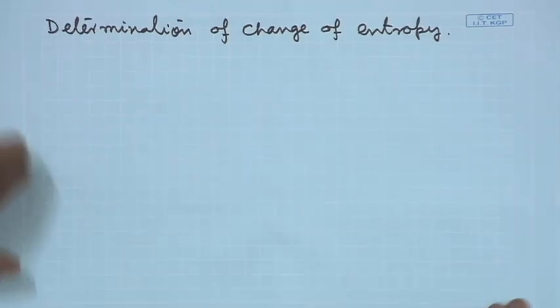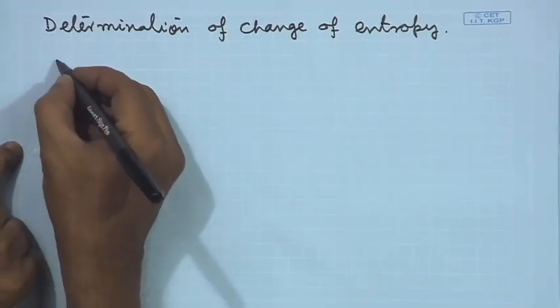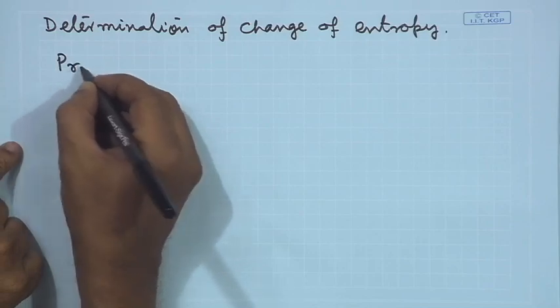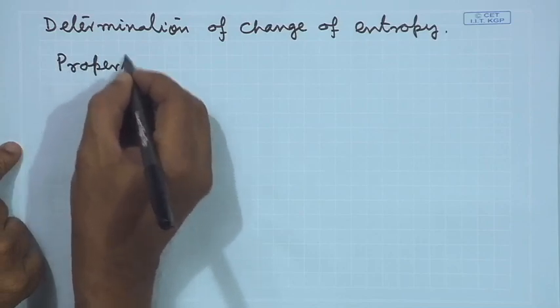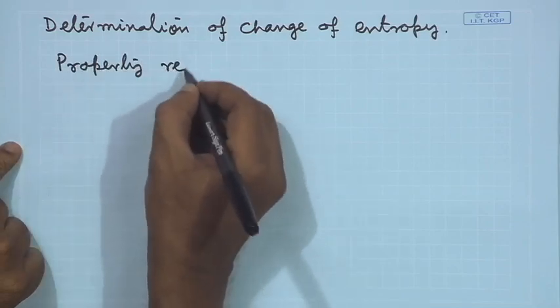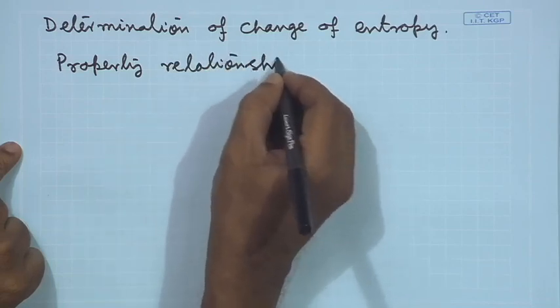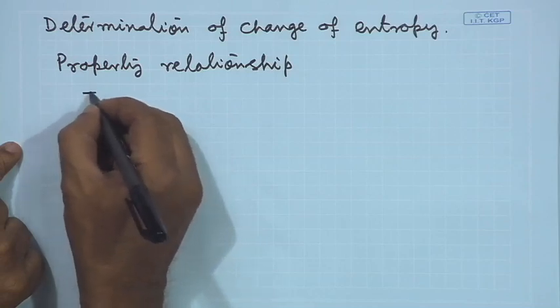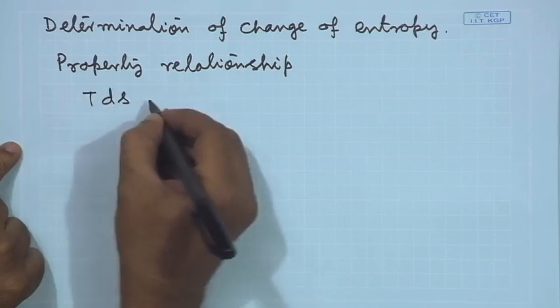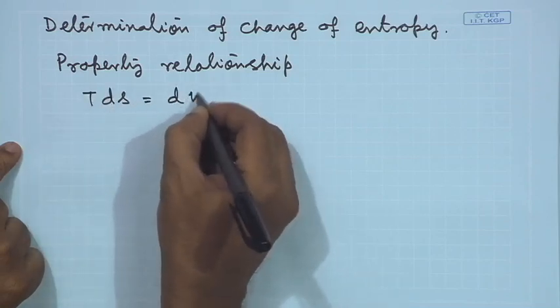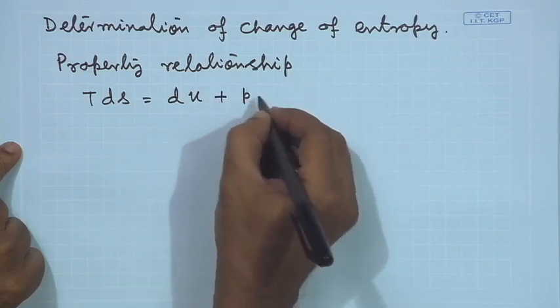How do we do that? Combining the first and second law, property relationship, one can get T ds is equal to du plus P dV.